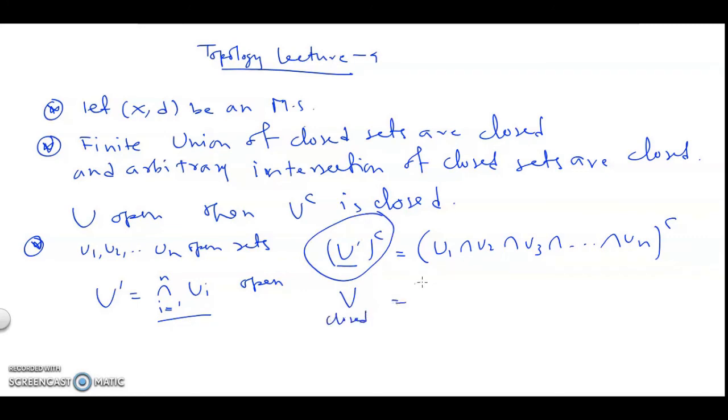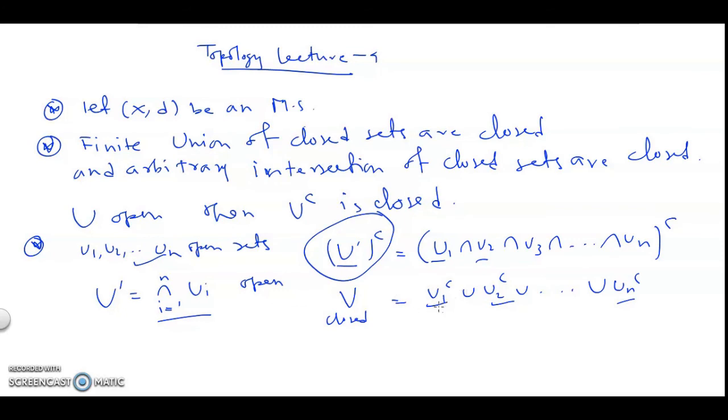From this, using De Morgan's law, since all Ui's are open, let me first open the bracket. You will get U1 complement union U2 complement union ... union Un complement, means complement will come to each and all the intersections will convert to unions using De Morgan's law. Now all Ui's are open, and so all Ui complements will be closed sets.